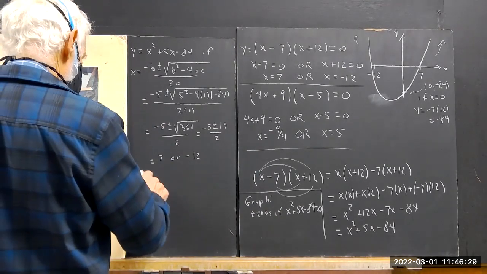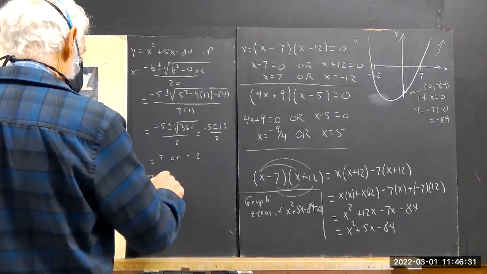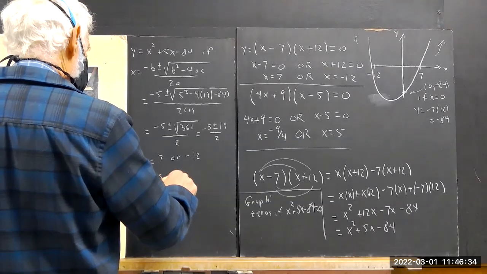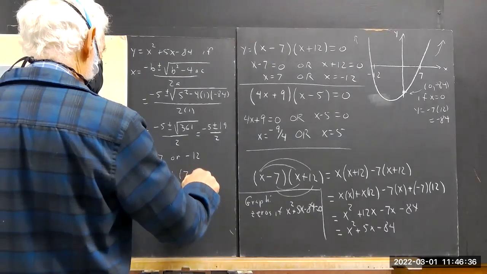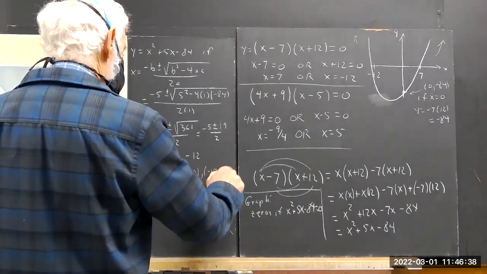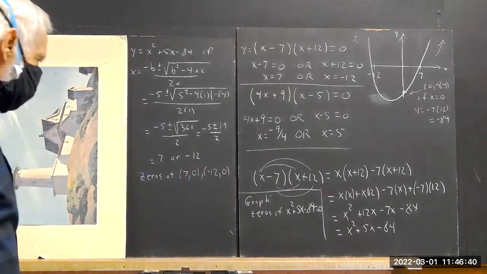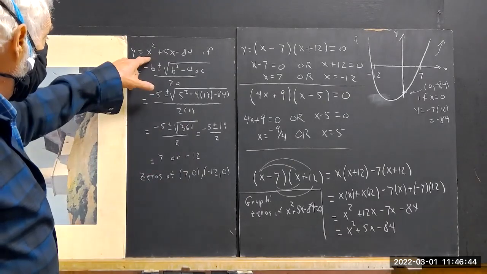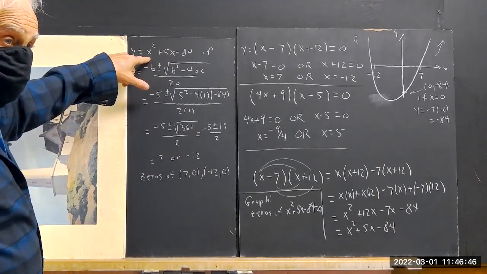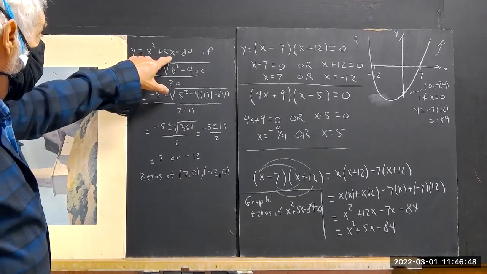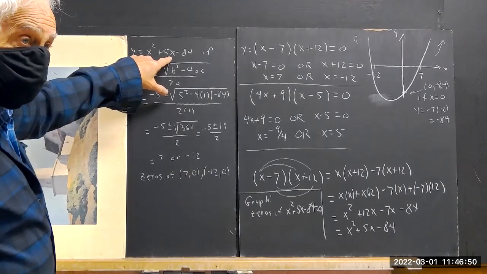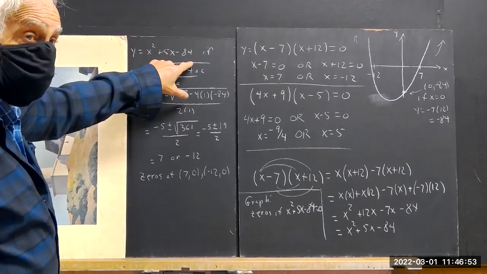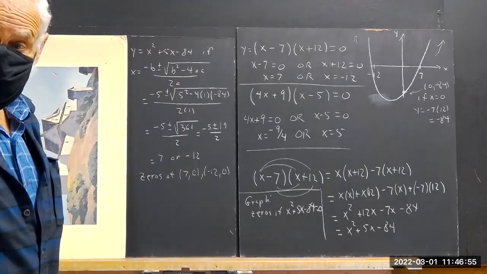So the zeros are at the points 7, 0 and -12, 0, because when X is 7, this is 0. You can verify that. X squared would be 49 if X is 7, and 5 times 7 would be 35. 49 and 35 adds up to 84. 84 minus 84 is 0.